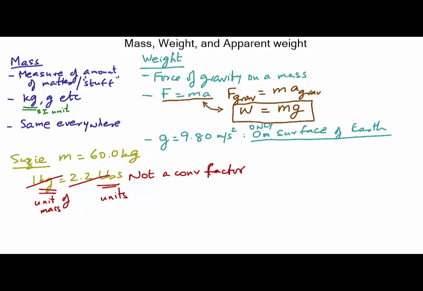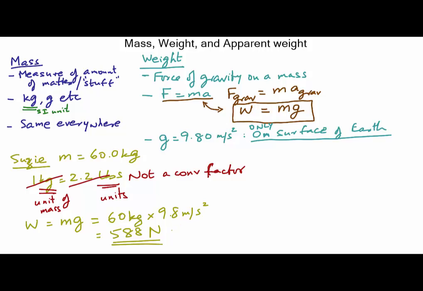The correct way to go from mass to weight is to use this F equals ma or W equals mg equation. So the weight of Susie on Earth is mass of Susie times the gravitational acceleration on Earth, which is 60 kilograms times 9.8 meters per second squared, and that turns out to be 588 kilogram meter per second squared, or that's just called Newton. So we got a weight for Susie over here.